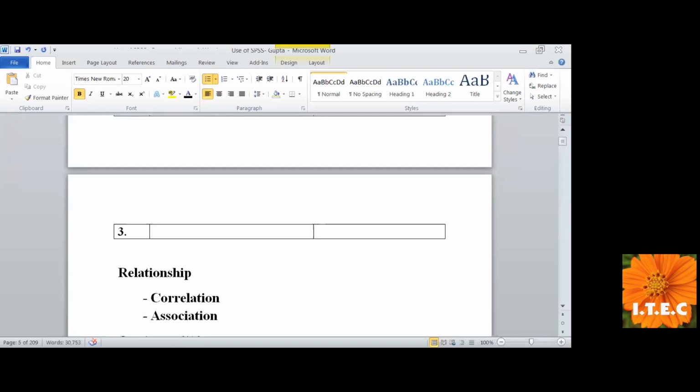So association and correlation are statistical terms, and relationship is a general term. But in the literature, the word correlational survey has come. So I'm telling you correlational survey, otherwise you can say relationship survey.